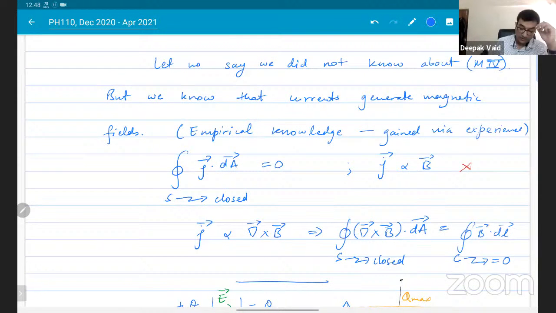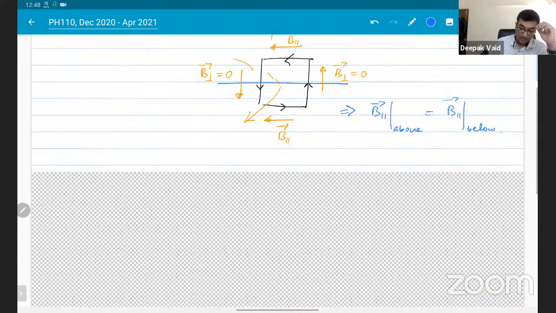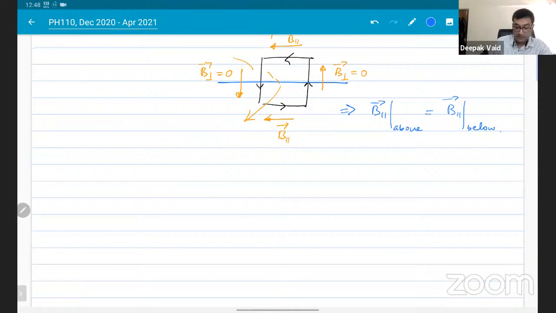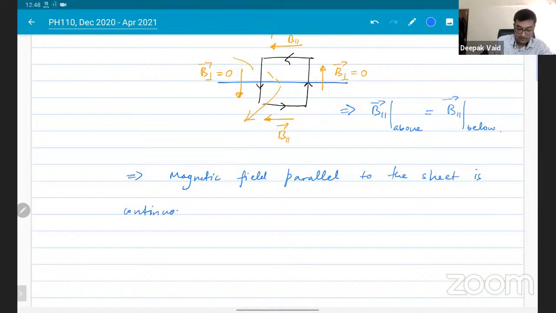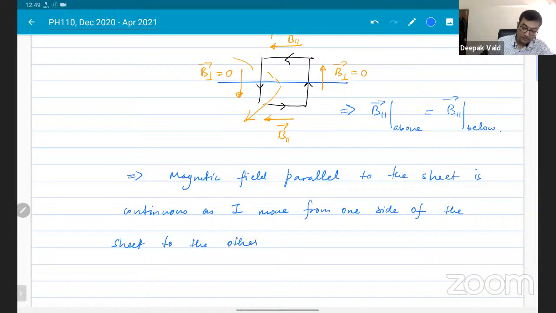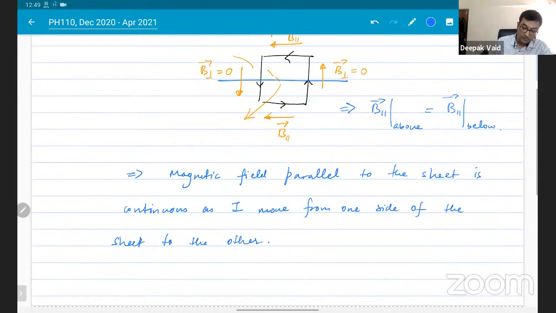Because Ampere's law tells me, so I have that the magnetic field parallel to the sheet is continuous as I move from one side of the sheet to the other side.